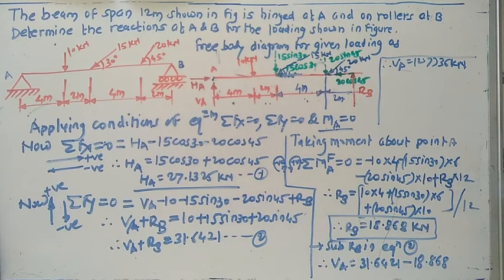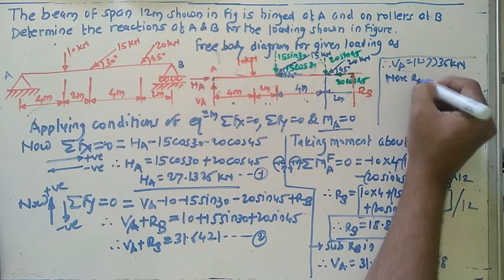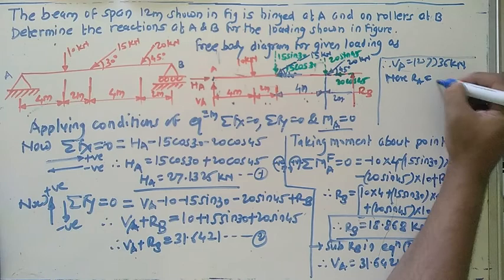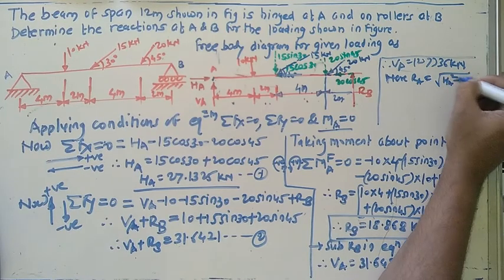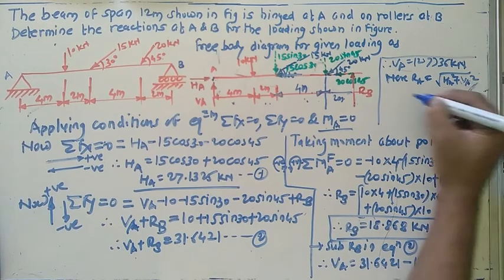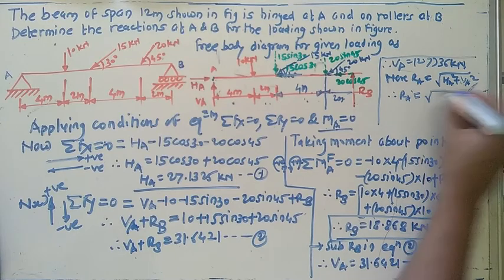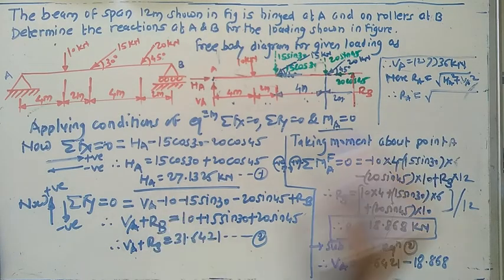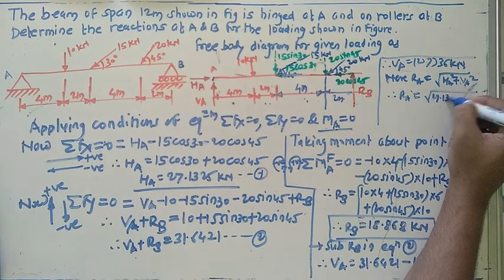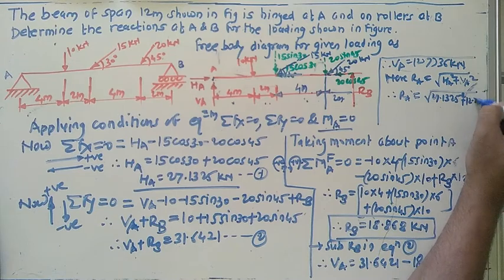For that, RA equals the square root of HA square plus VA square. This relation gives the value for RA. RA equals the square root of the HA value 37.25 squared plus 12.77 squared.